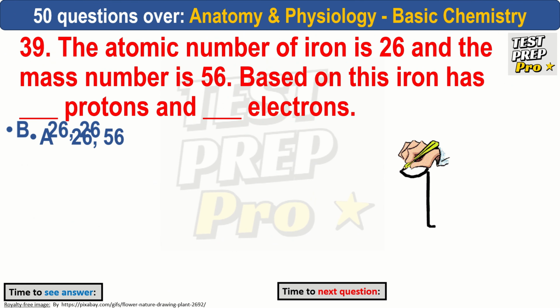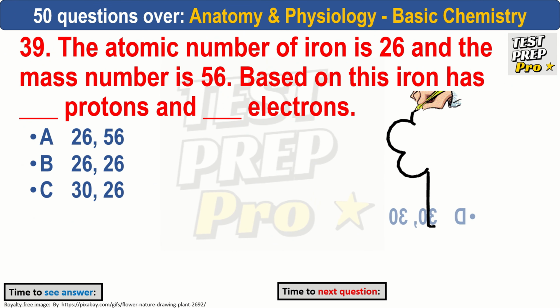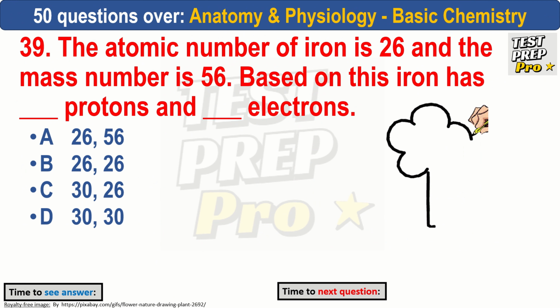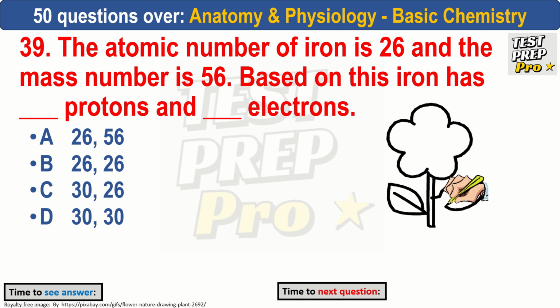The atomic number of iron is 26, and the mass number is 56. Based on this, iron has blank protons and blank electrons.